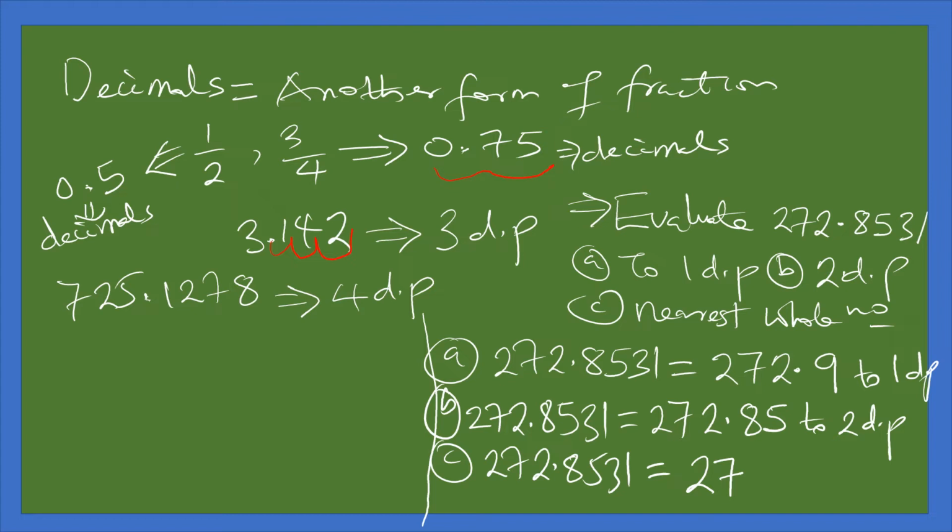We discard any other number from that 8 downwards, and then we increase the number before that 8 by 1. So this now becomes 273. Okay, so this now becomes 273 to the nearest whole number.